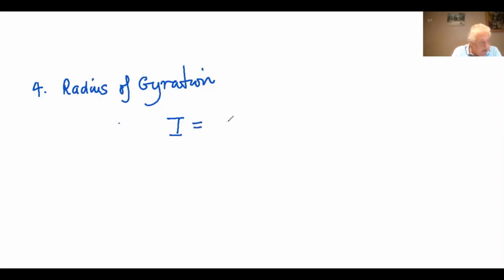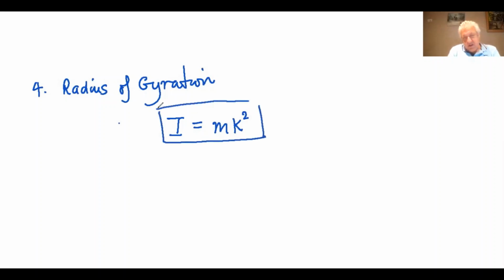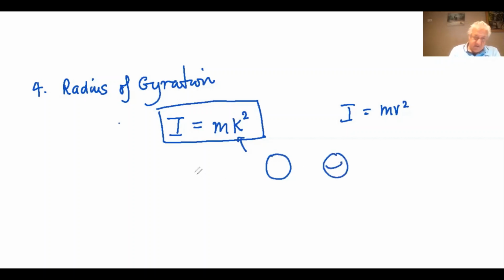To define the moment of inertia, just to keep the formula for moment of inertia looking similar to the original definition for a system of particles, we define this quantity. This quantity will vary according to the shape of the object. If it's, for example, a solid disk, or a sphere, or a hoop, the radius of gyration will differ.